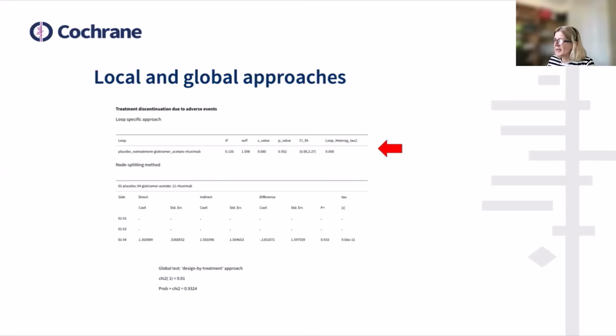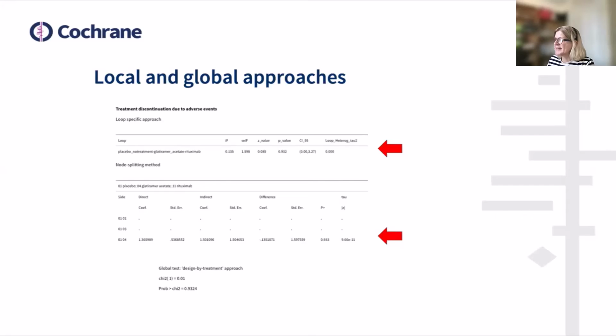As you can see from the p-value of 0.932, this is not significant. This loop-specific approach measures the difference between the direct and indirect evidence in that particular loop. Next, you can see the results from the node-splitting approach.